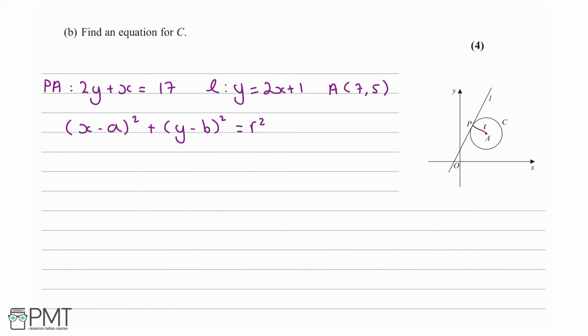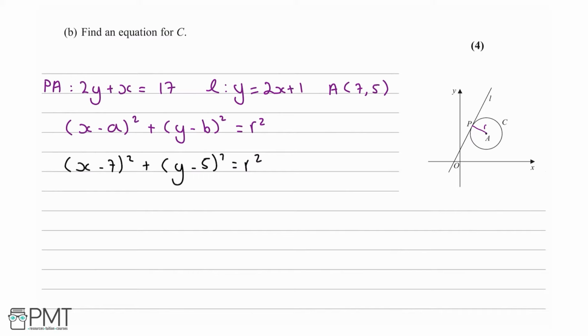Okay, so to solve this, we need to find the center of the circle and the radius. Now recall point A was the center of the circle, which means we know that x minus 7 squared, plus y minus 5 squared equals r squared.